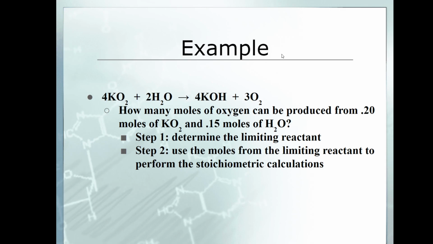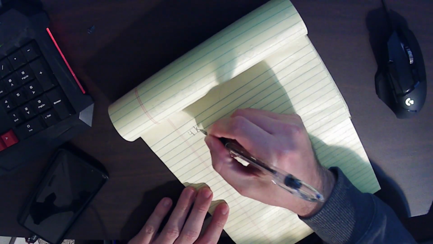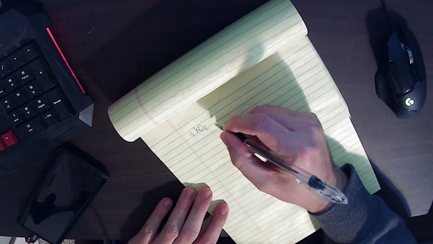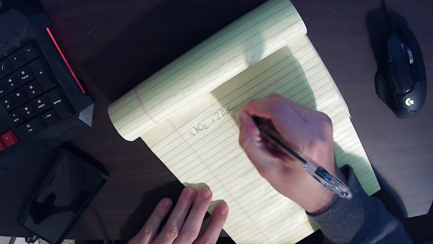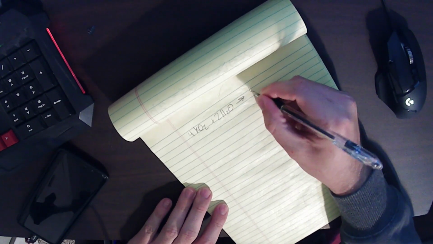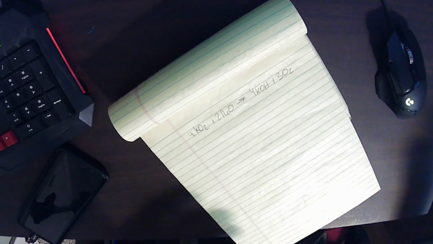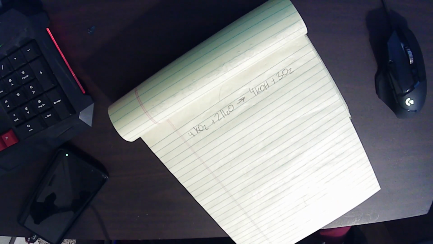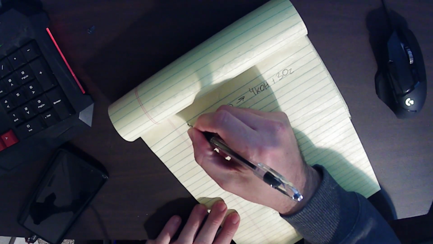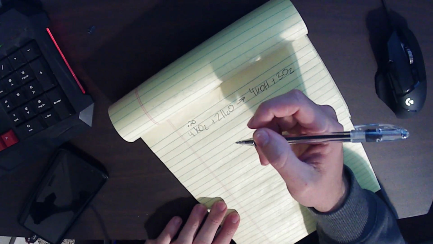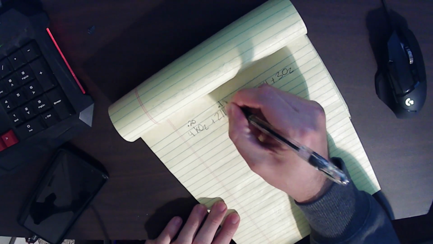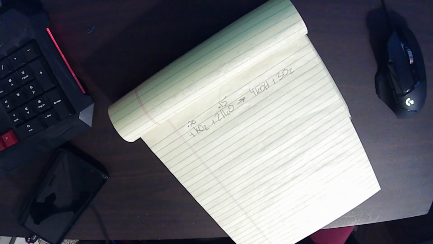We've got 4 KO2 plus 2 H2O yields 4 KOH and 3 O2. So that's our equation. The problem tells us that we have 0.2 moles of our KO2 and 0.15 moles of our H2O. Those are the reactants that we're working with.